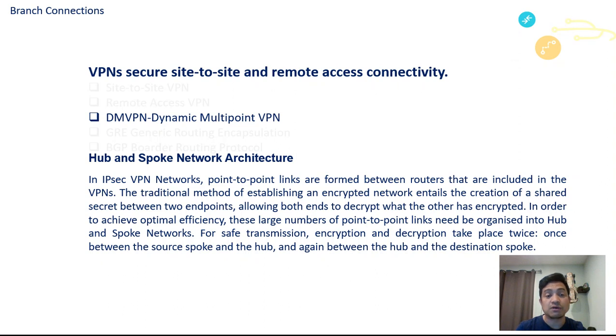In order to achieve optimal efficiency, these large numbers of point-to-point links need to be organized into hub and spoke networks for safe transmission. Encryption and decryption takes place twice: once between the source spoke and the hub, and again between the hub and the destination.